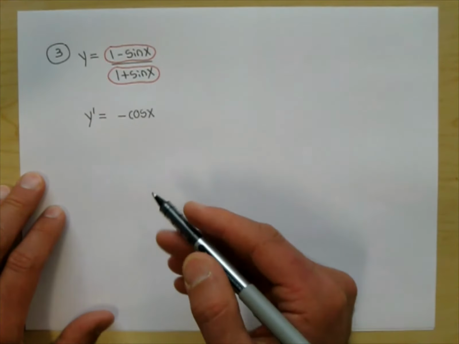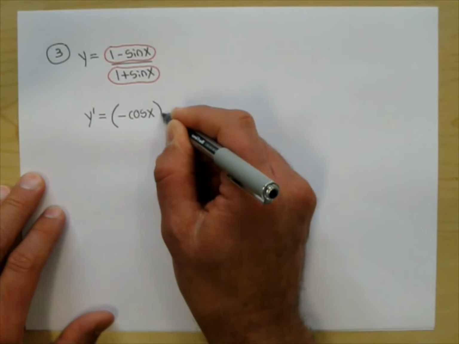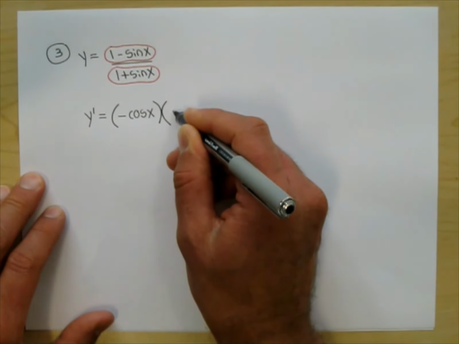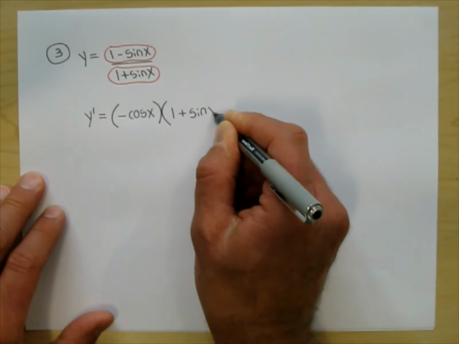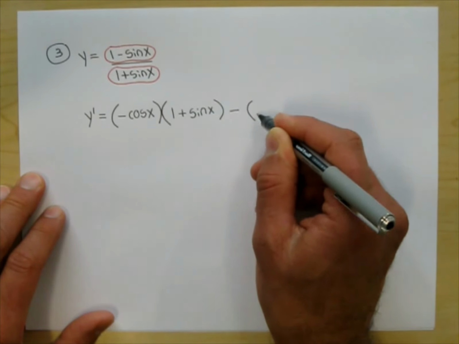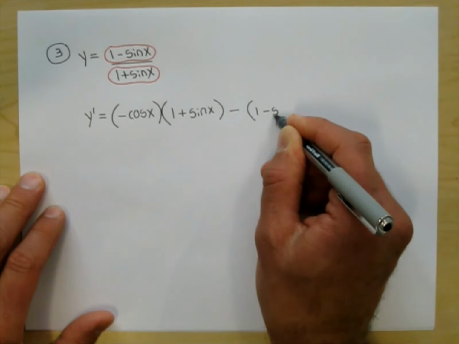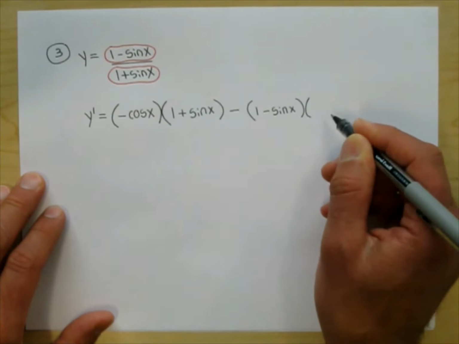So let's go through our little saying here. The derivative of the top times the bottom minus the top times the derivative of the bottom.